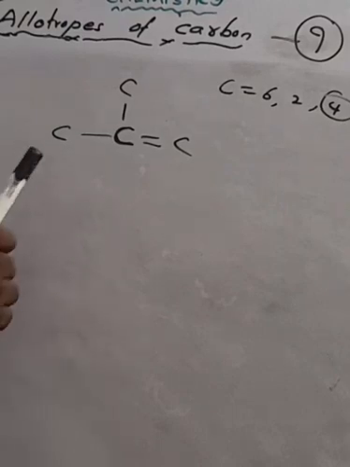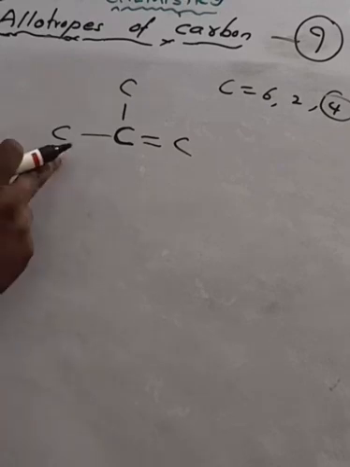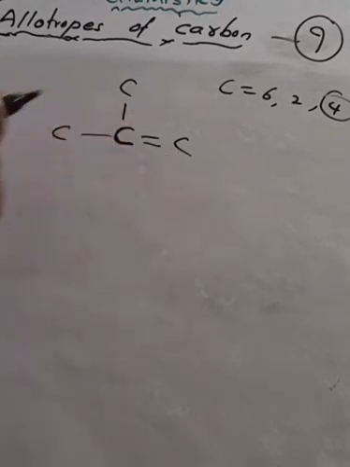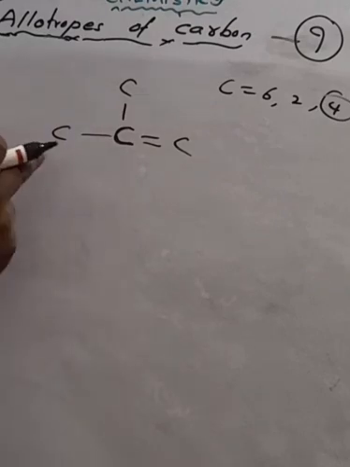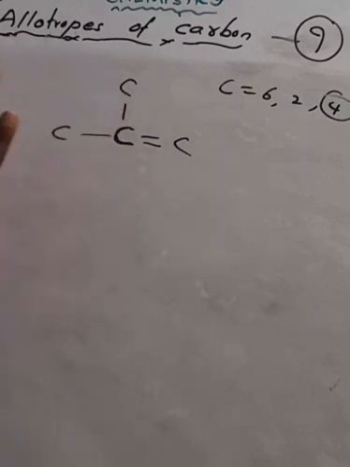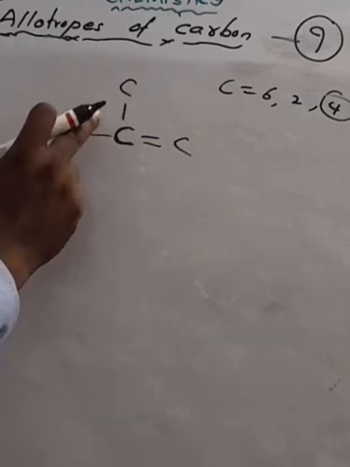So I am drawing the structure like this: carbon, carbon, carbon, carbon. The central carbon atom is surrounded by three different carbon atoms, so I am making single bonds.